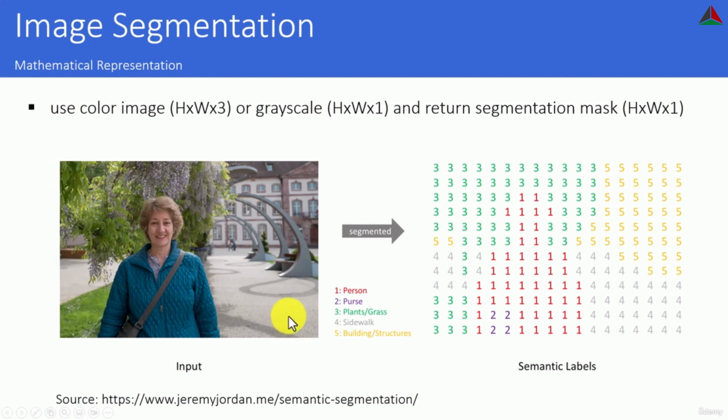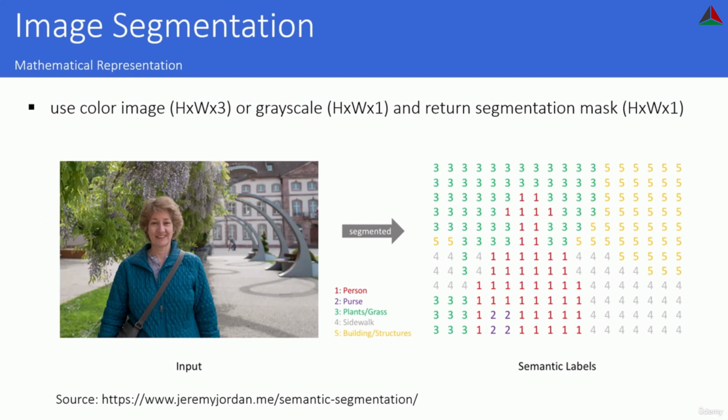And the segmented version of this would just have integer values for the different kinds of classes, for the same number of pixels for the height and width, and each class corresponds to a certain number, so each pixel gets a number assigned to it. So that's basically it. We have our ground truth image with the dimensions height times width times 3 for a color image, or if we're working with grayscale, then we just have one color channel.